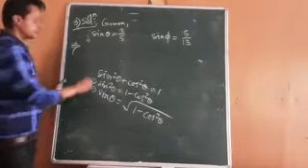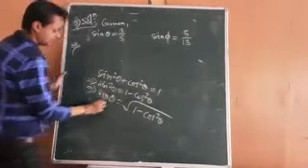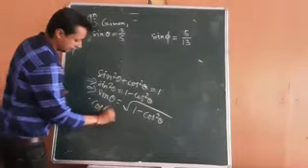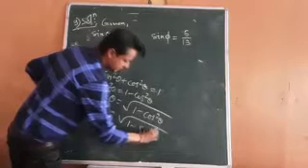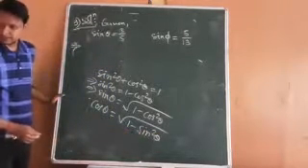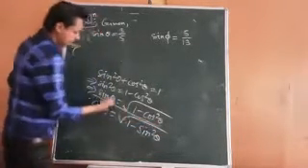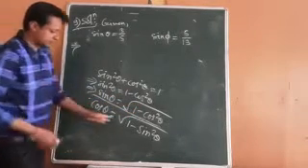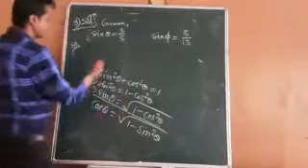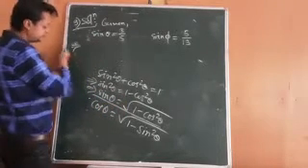So similarly cos theta will be root over 1 minus sin square theta.